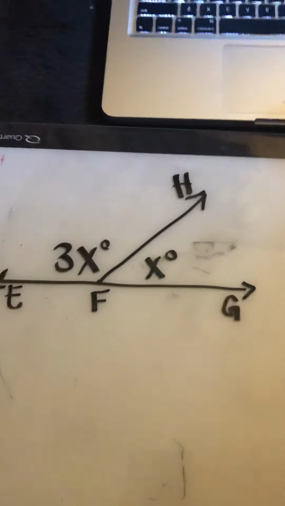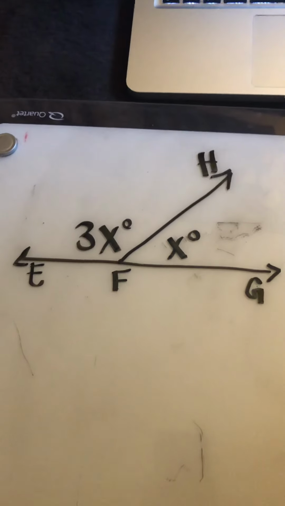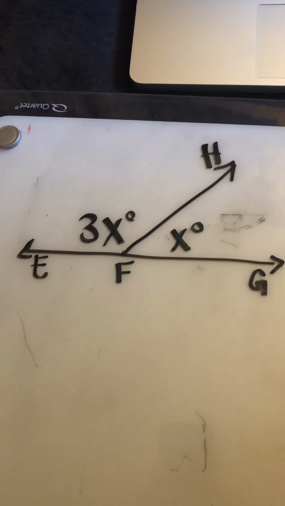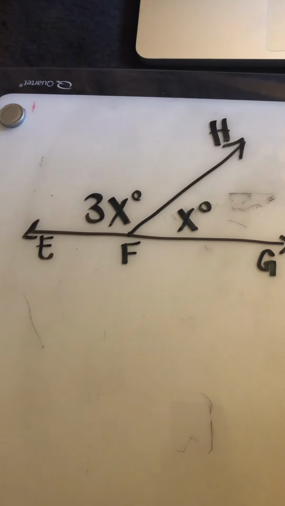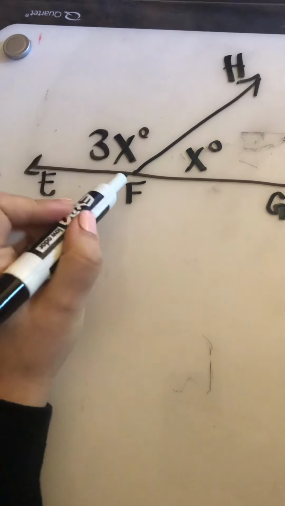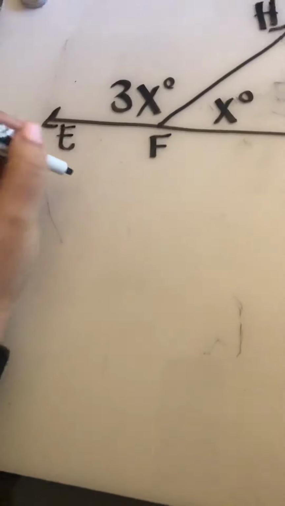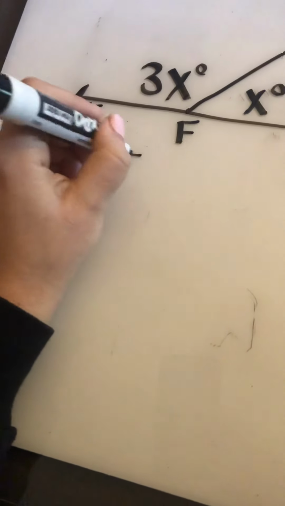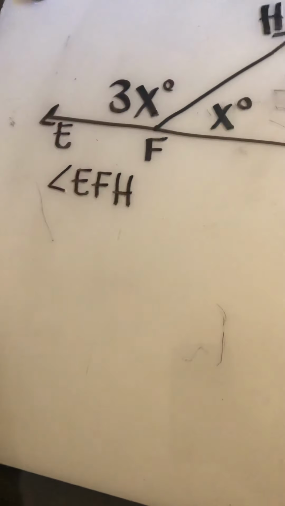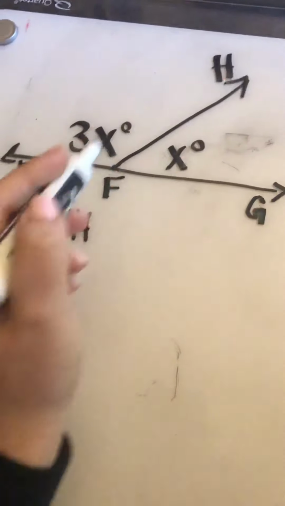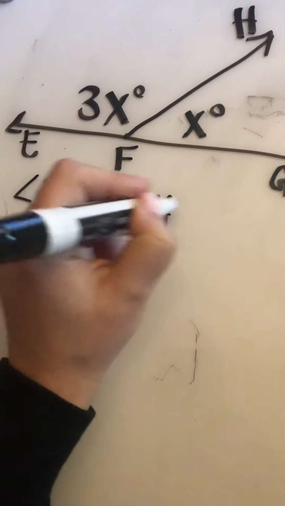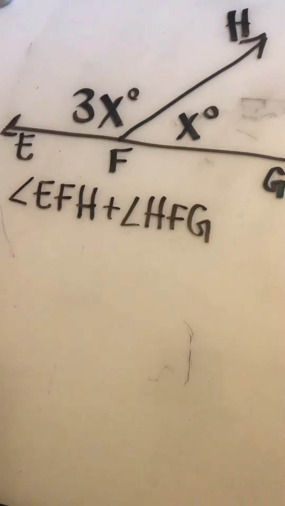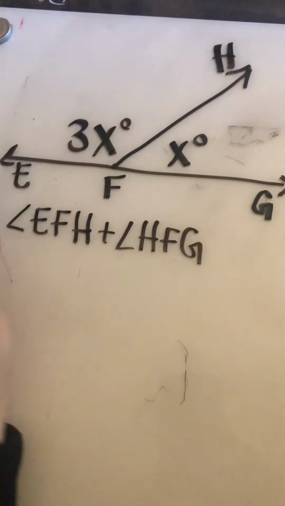Okay, so the question wants us to figure out the value of x and then also figure out the angle measures, okay? So I know that angle EFH, I'm going to write that down, plus angle HFG, if I put those two angles together, they're going to equal 180 degrees.